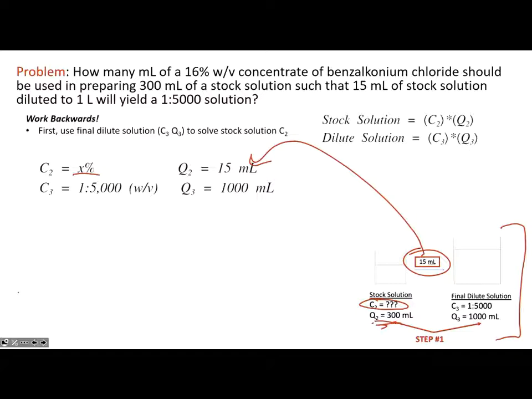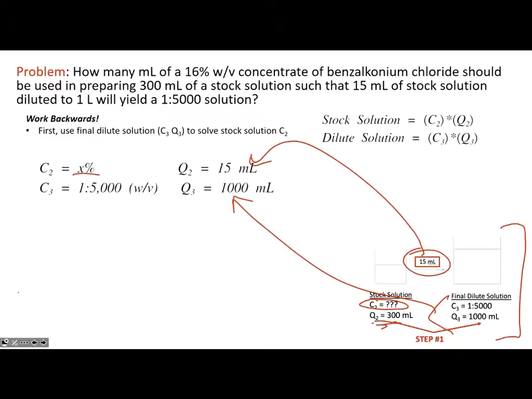So while I don't know the concentration, I know that I'm using 15 milliliters of that solution. Then lastly, do I know my final concentration and my final quantity? Absolutely. I was told the final concentration will be 1 to 5,000 and that my final quantity will be 1,000 milliliters.